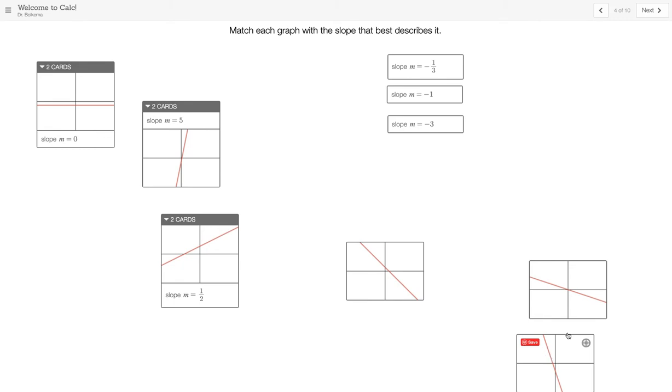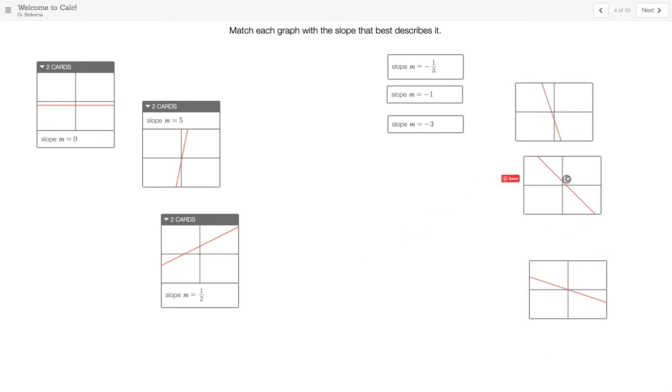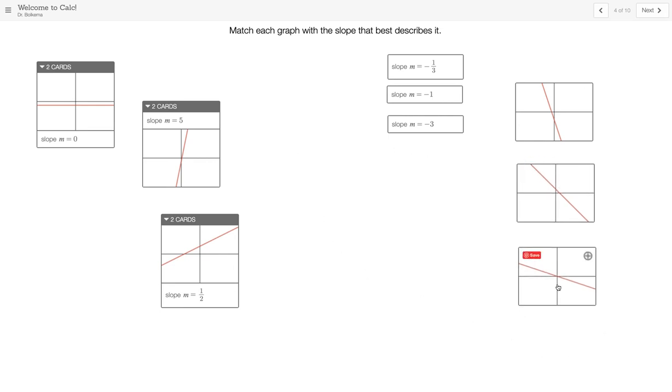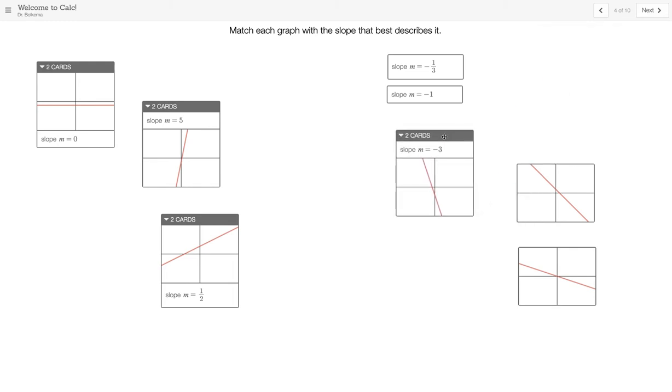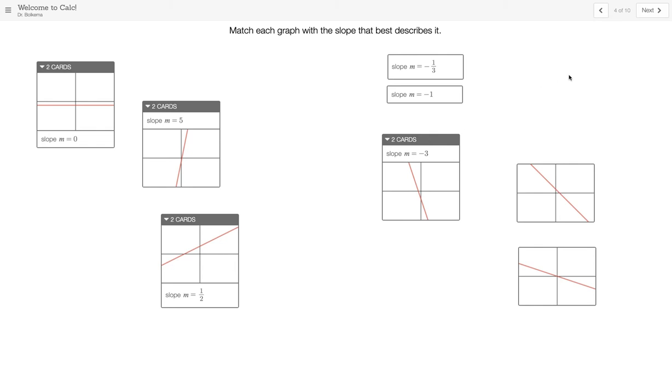Okay, let's see if we can arrange the next ones in the same way. So here's a steep decrease, a less steep decrease, and the least steep decrease, right? So the most negative slope will correspond to that most steep decrease.